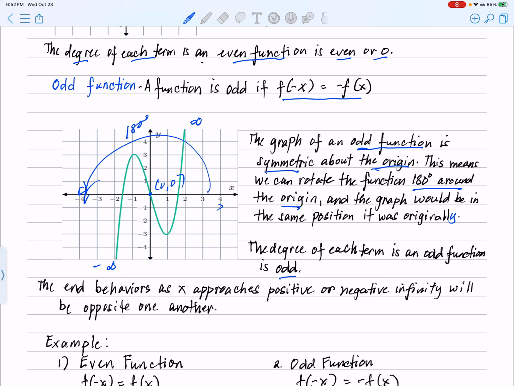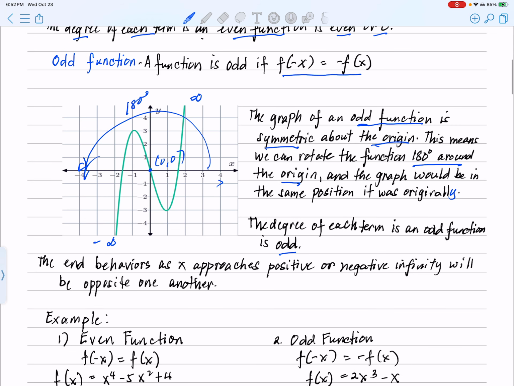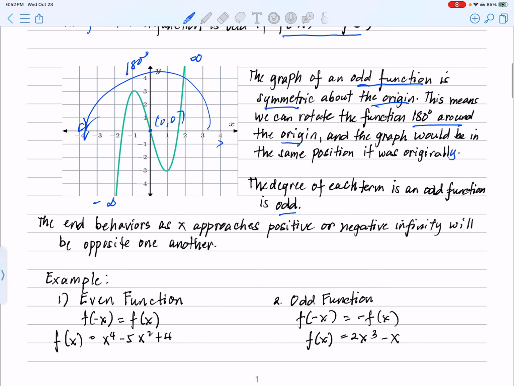The degree of the term in an odd function is odd. The end behavior as x approaches positive infinity or negative infinity will be the opposite of one another. As I've said, one end is positive, the other end is negative, and if you can see that, then it is an odd function.